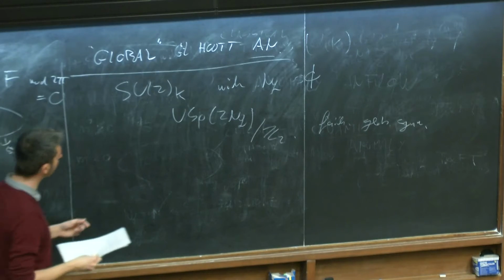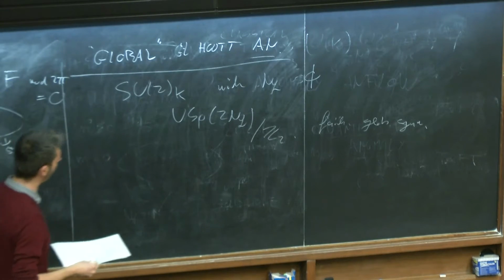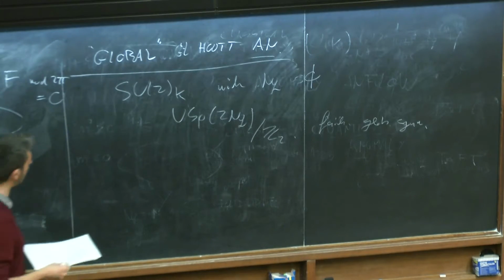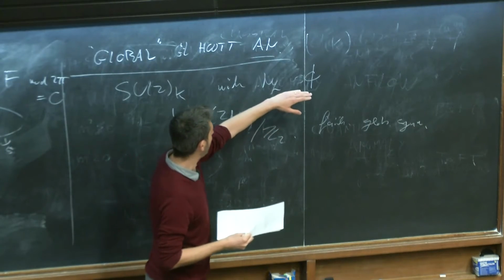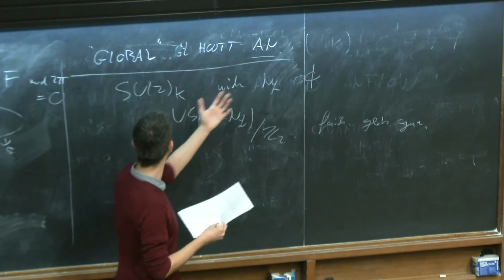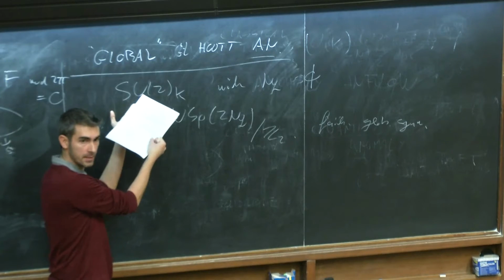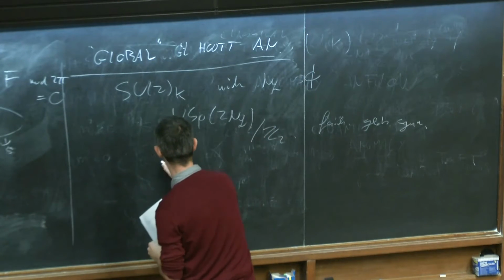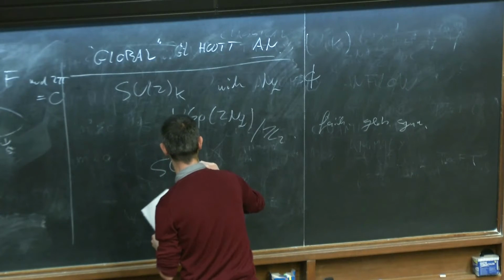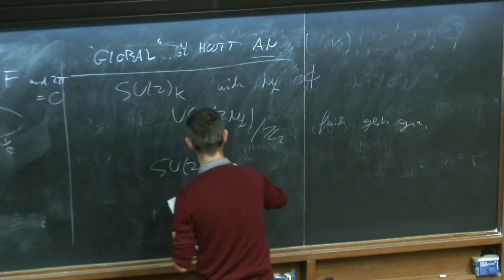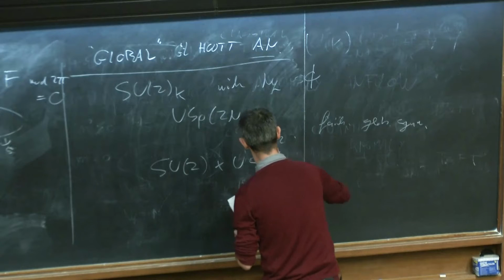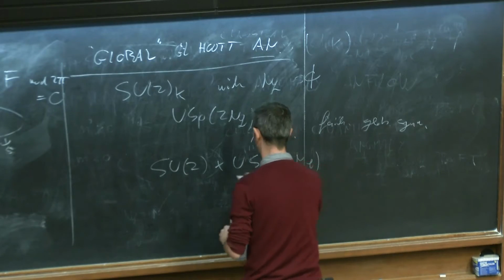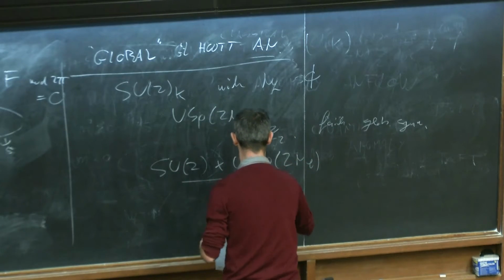And now we want to turn on backgrounds for this symmetry. So how do we do that? Well, if you look at these scalars, they are coupled both to the gauge fields and to the background fields. So in particular, these scalars are coupled to the following group, or to the following bundles, SU2 times USp2NF mod Z2.